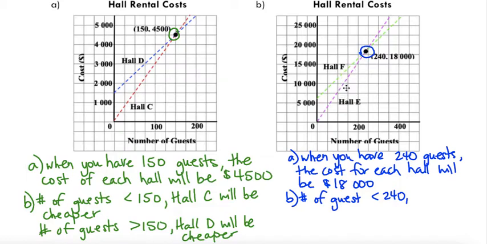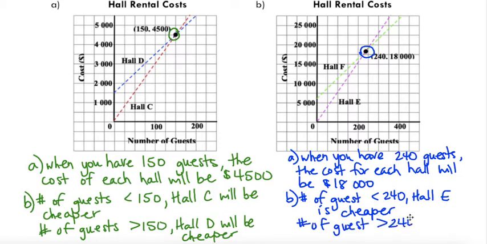That's the purple line, which represents hall E. So hall E is cheaper. But if you are inviting more than 240 people, then we look at what happens after that point of intersection, and the green line is lower, and the green line represents hall F.